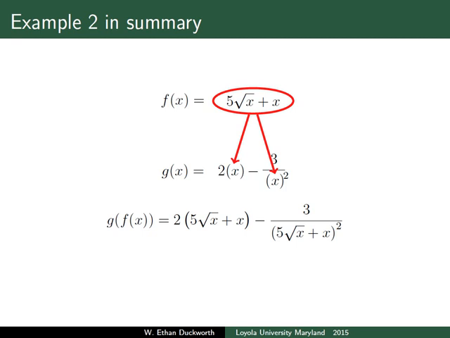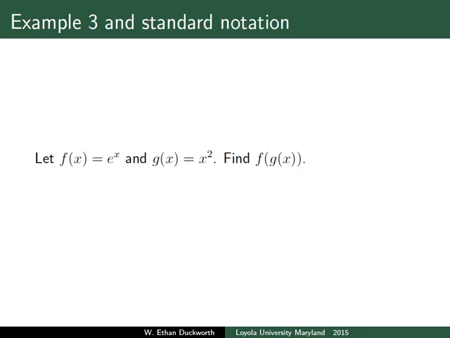Okay, I want to look at one more example, but for a little different reason this time. The way the book writes problems like this, and the way most books write it, doesn't use red circles and red arrows. They write it as an equation. And I want to show you how that looks so that you don't get confused if you're looking at a book or a solution somewhere else. So here's another pair of functions, e to the x and x squared.